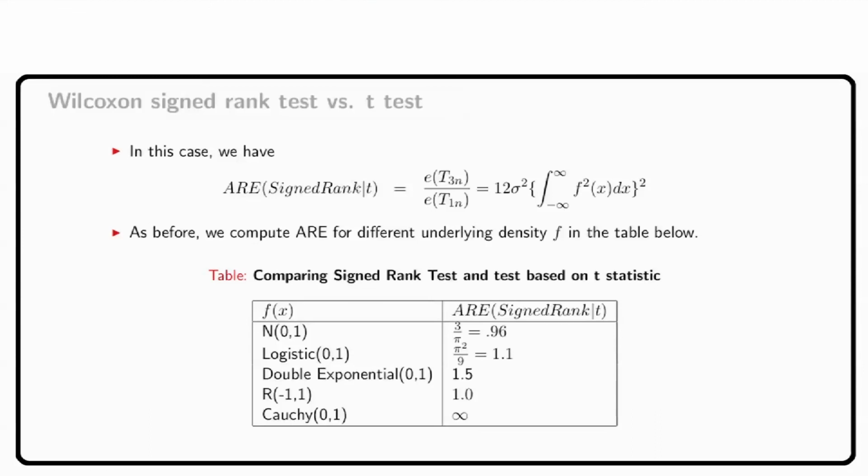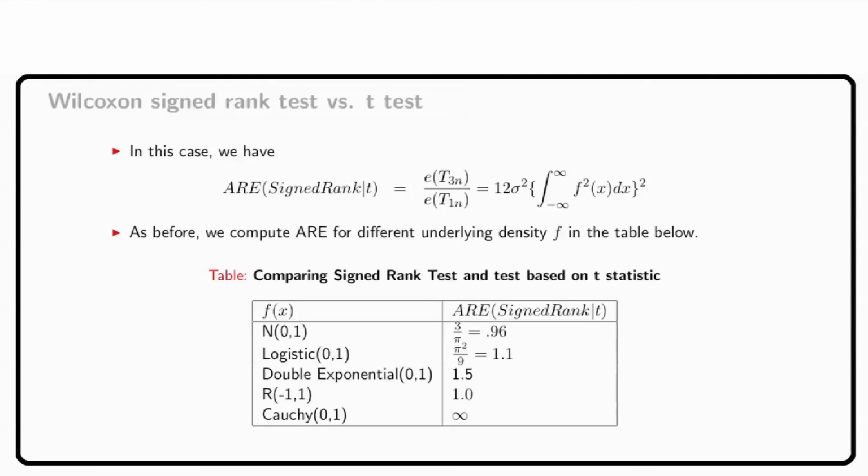However, for heavy tail distributions like the double exponential, the quality of information used by the sign test is improved and hence it becomes twice as efficient as the test based on the t-statistic. This shows that the t-statistic based test is no longer desirable for the double exponential distribution.